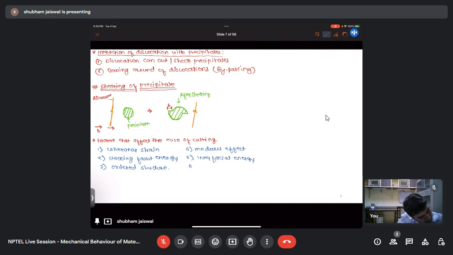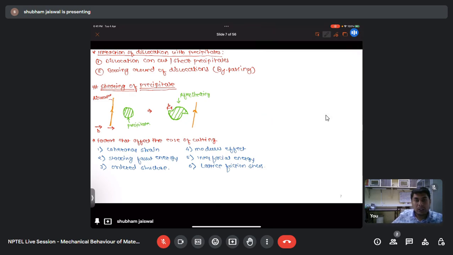And the sixth one is the lattice friction stress. Okay. So this is about the factors that affect the ease of cutting.